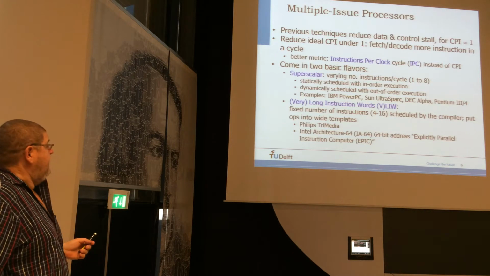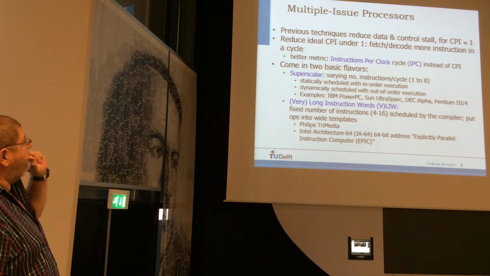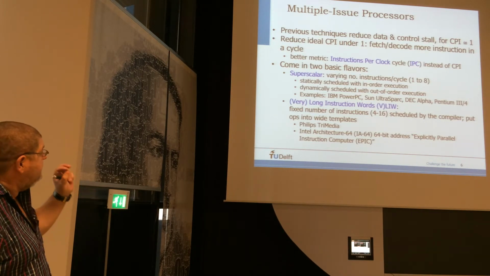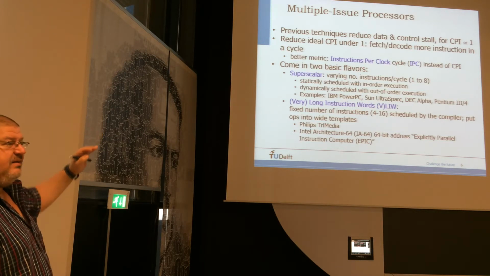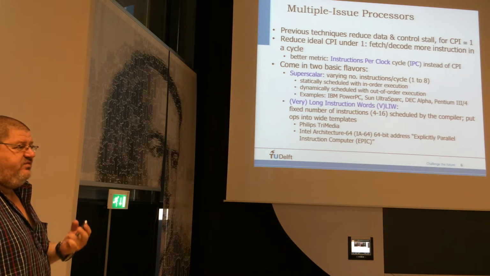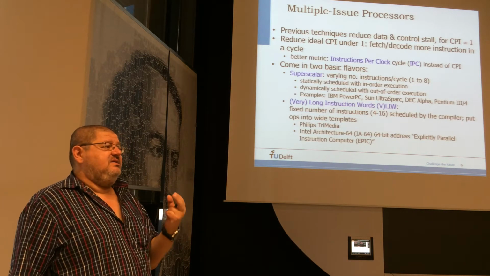Then there are 2 basic flavors of that kind of multiple issue processors. Some are called superscalar, the other ones are called VLIW. From the point of view of what they do, things are the same.